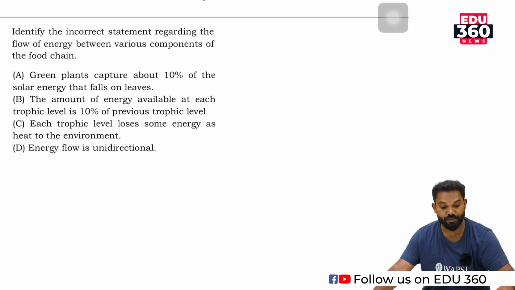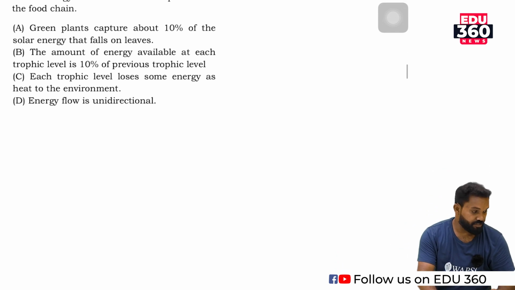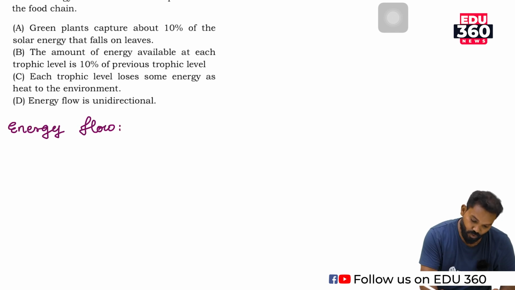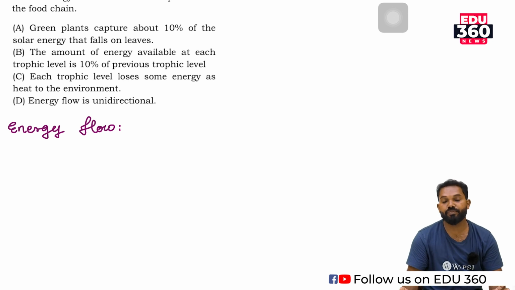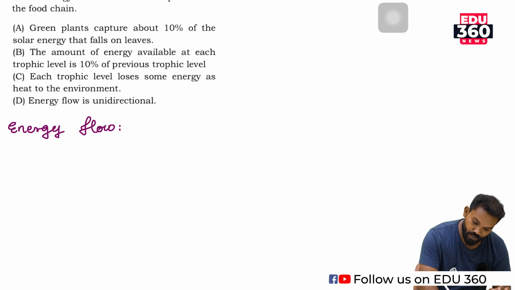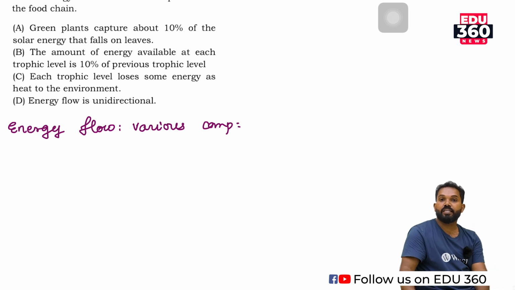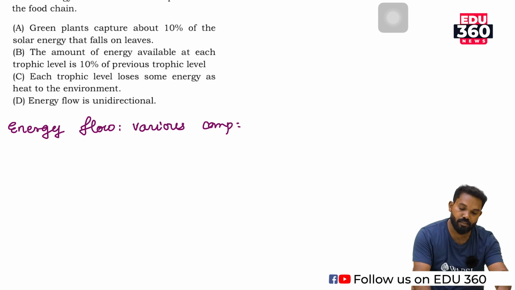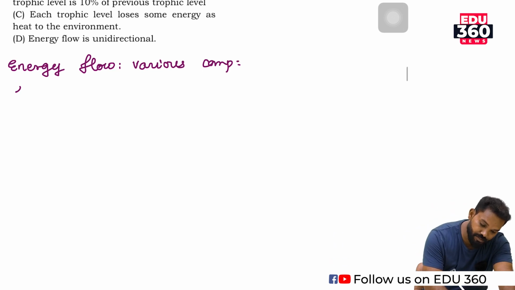Flow of energy, energy flow. It is the most important part of the ecosystem. What is energy flow? Energy flow is the flow of energy through various components of an ecosystem, various structural and functional components of an ecosystem. So here the ultimate source of energy is the sun.